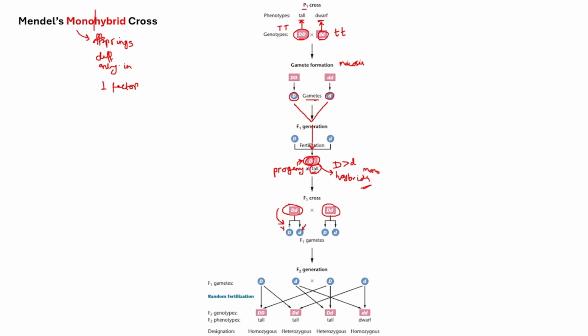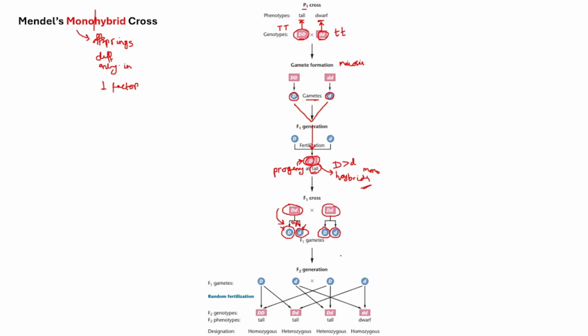Either this one will be formed or the small d will be formed, not both, because it's meiosis and the chromosome number needs to get halved. Similarly for this parent, either the capital D or the small d will be formed. Here we are talking everything in terms of probability.